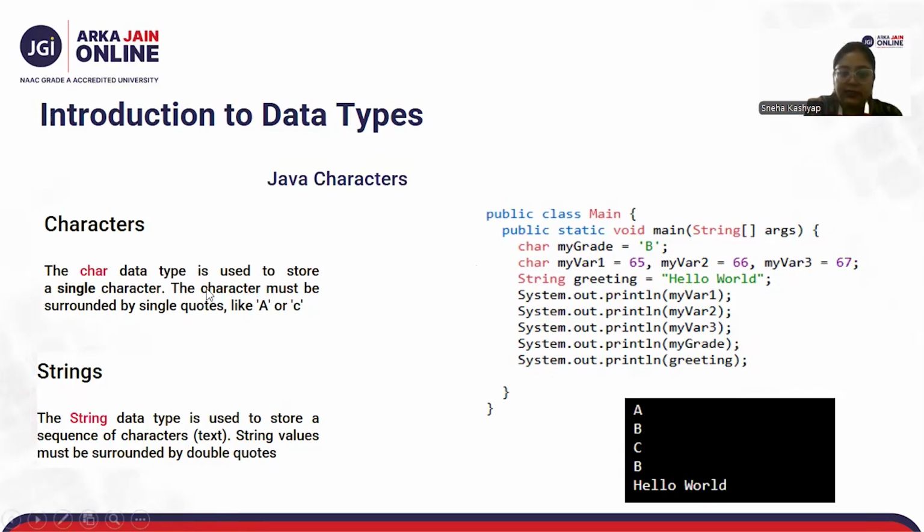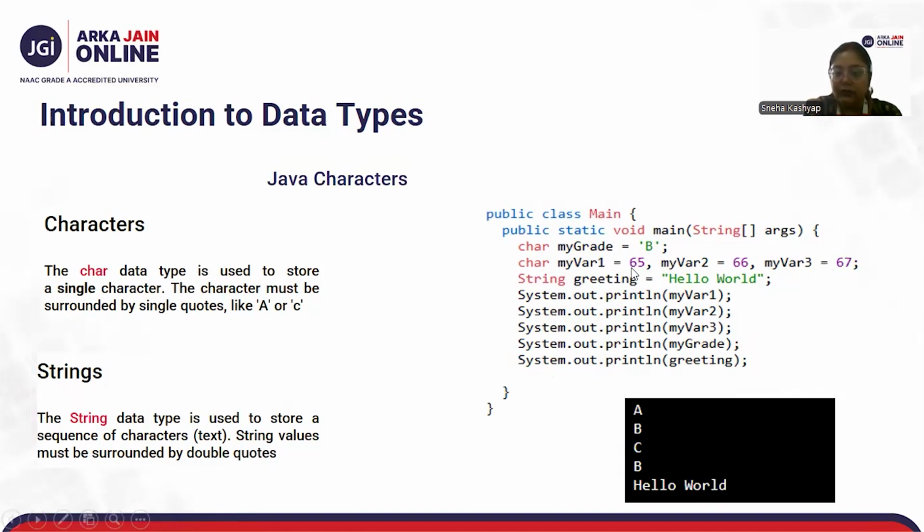Just now I said that if we are defining any character, it must be in a single quotation. But here I have taken character variables for my variable 1, 2 and 3, and at the same time I have assigned a number to them. Since I have assigned a number, I didn't use any single quotation.